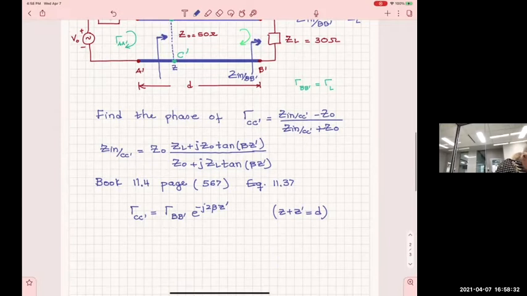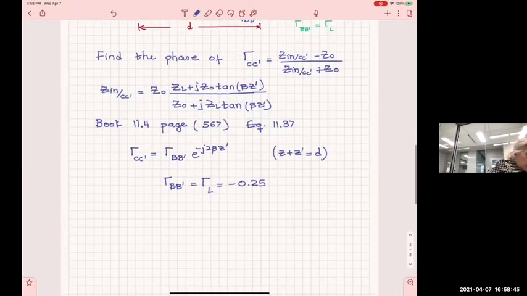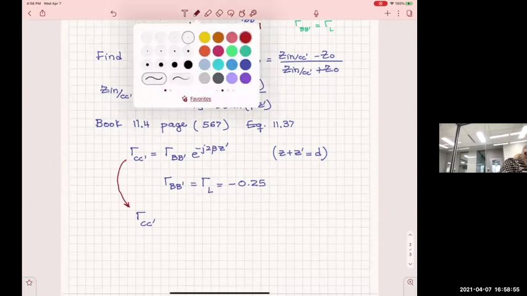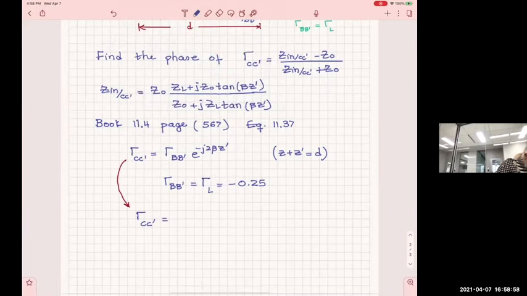And gamma at BB prime is gamma at L, which we found to be minus 0.25. All right? So practically gamma C prime from here is equal to minus 0.25 e to the minus j 2 beta z prime.